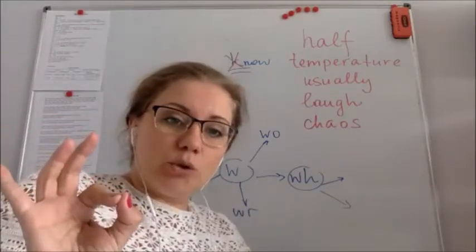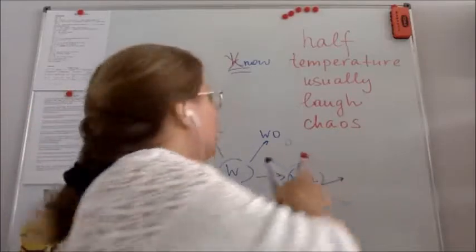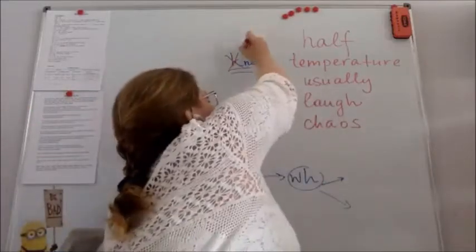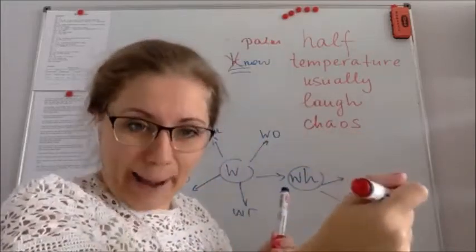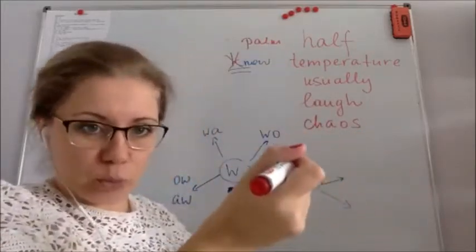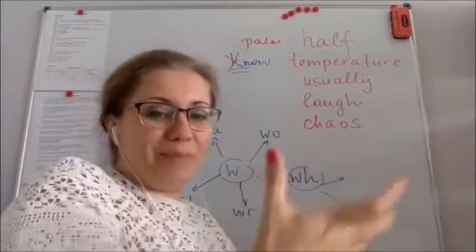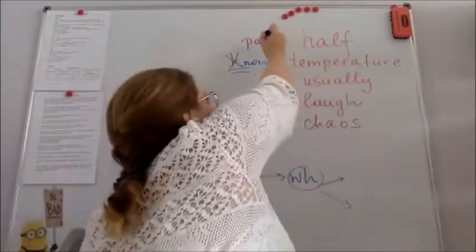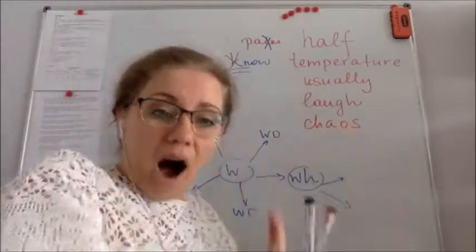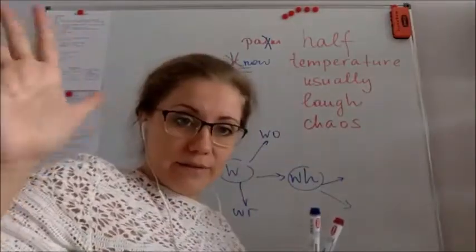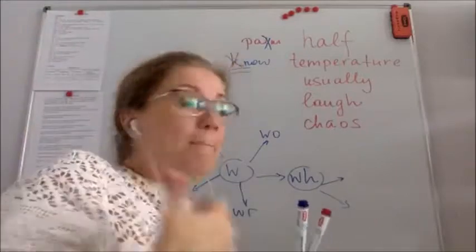There is a small rule about L, though, because if you have the combination of L and M at the end of short words, L will be most times silent. Again, it's the rule. You should say palm. Yeah, like this part of my body. Palm.